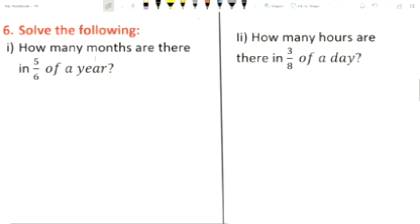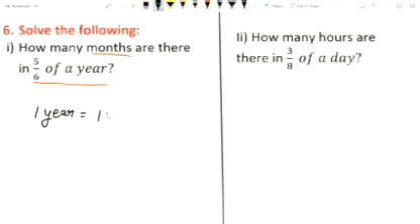Solve the following. The first one: how many months are there in 5 by 6 of a year? We need to find out the months. You know very well, in 1 year, how many months are there, children? 12 months.